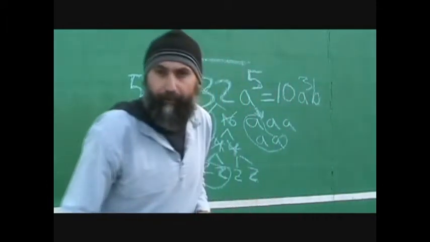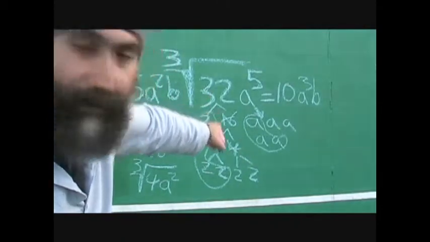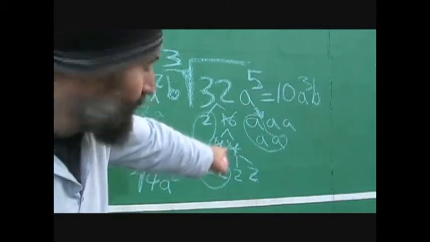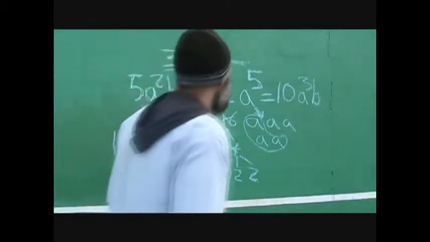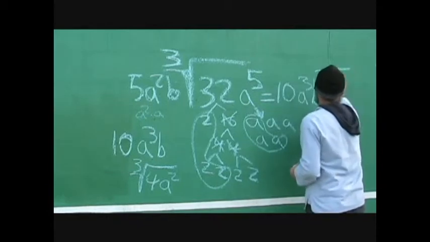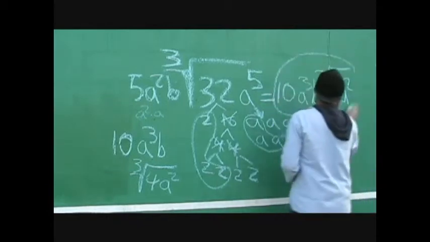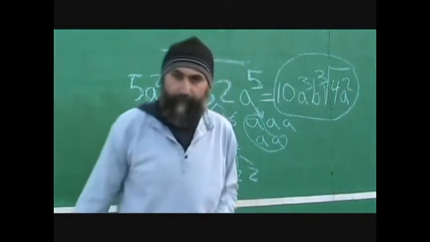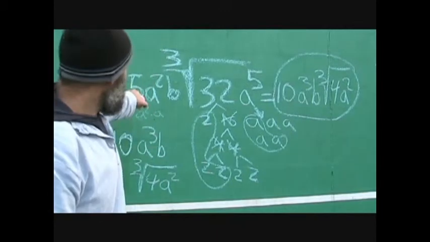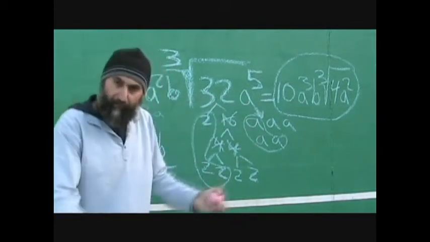And you still had your b, and what you got left over is whatever is left inside the radical, right? So that's going to be the cube root of 2 times 2 is 4, a times a is a squared. Okay, so your solution to this thing was just that. It just simplifies to that.